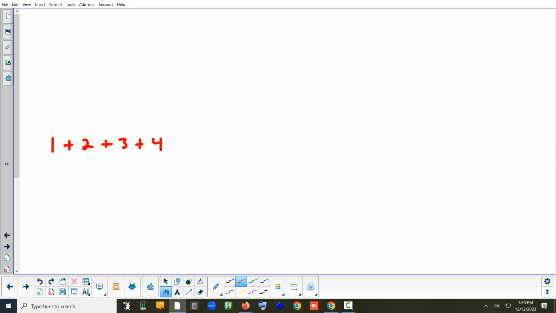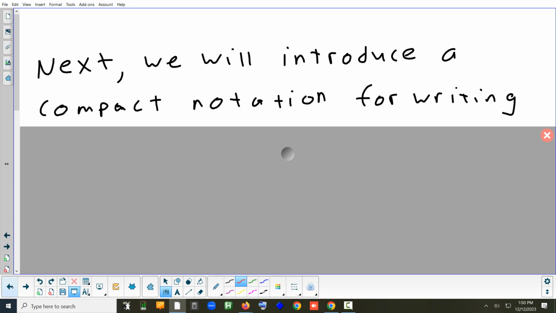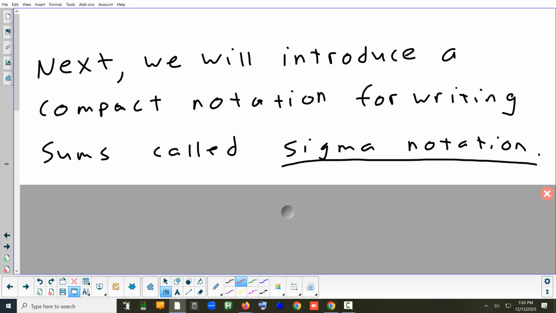I want you to represent everything. Well, that's going to take a while. So there's a notation that we can use that represents adding up every single number from 1 to 1,000. It's a very short, compact way to do it, and it's called sigma notation.